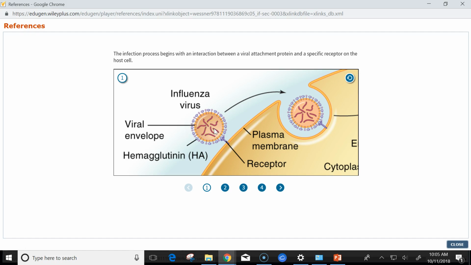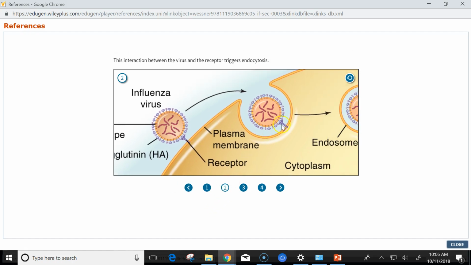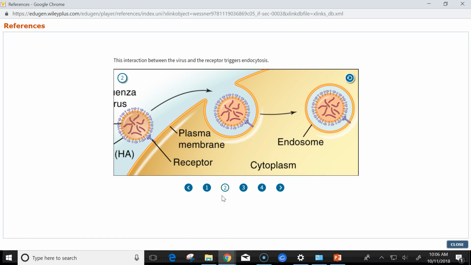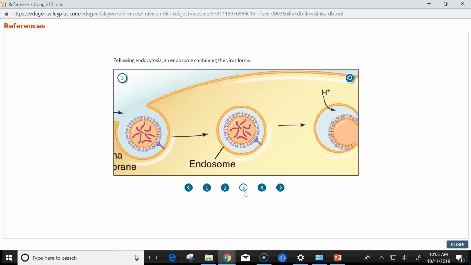This is an enveloped virus, right? So notice it has an envelope, but that envelope does not fuse with our membrane. Instead, the receptors it binds to induce endocytosis, just like what happens for naked viruses. So they get taken into an endosome, and this is when the fusion happens, inside the cell.